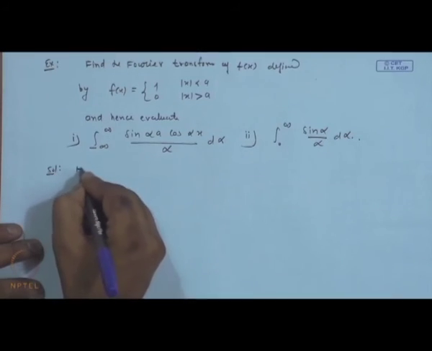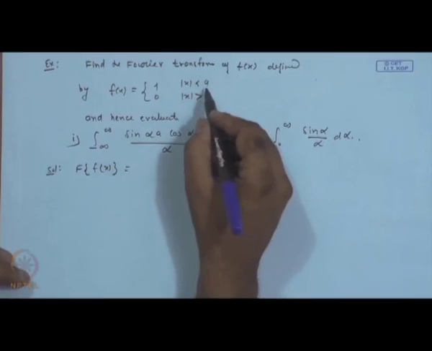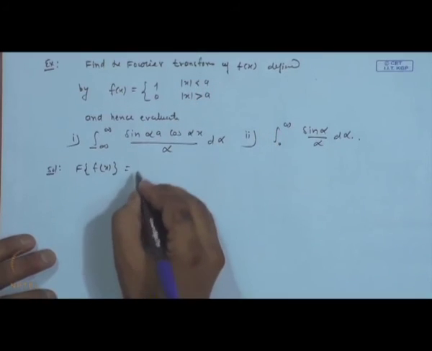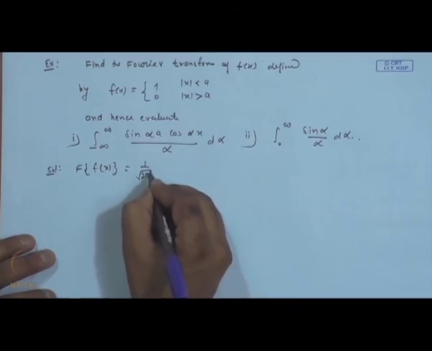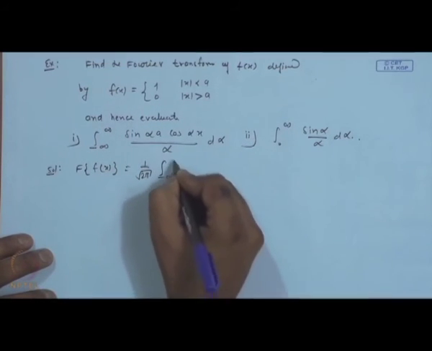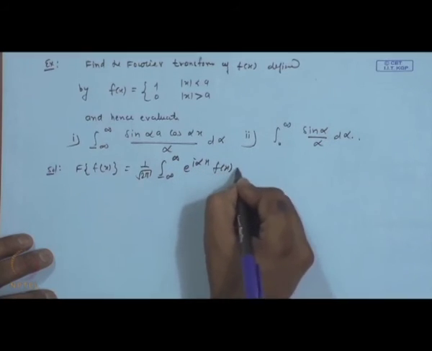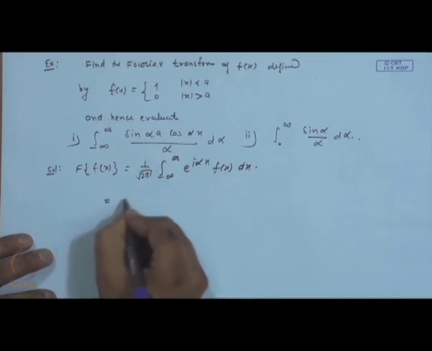So for the solution, we find the Fourier transform of this f(x), which is defined between minus a and a. So 1 over square root 2 pi, and outside that it's 0, so 1 over square root 2 pi, integral from minus infinity to plus infinity of e power I alpha x f(x) dx.